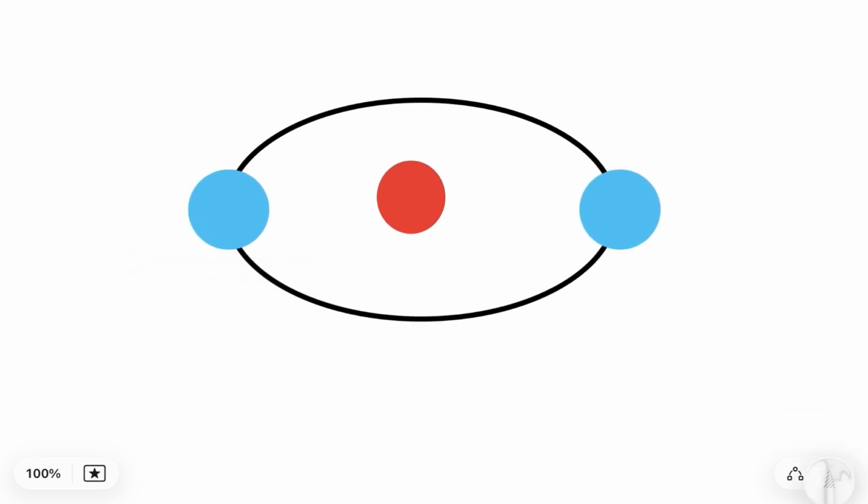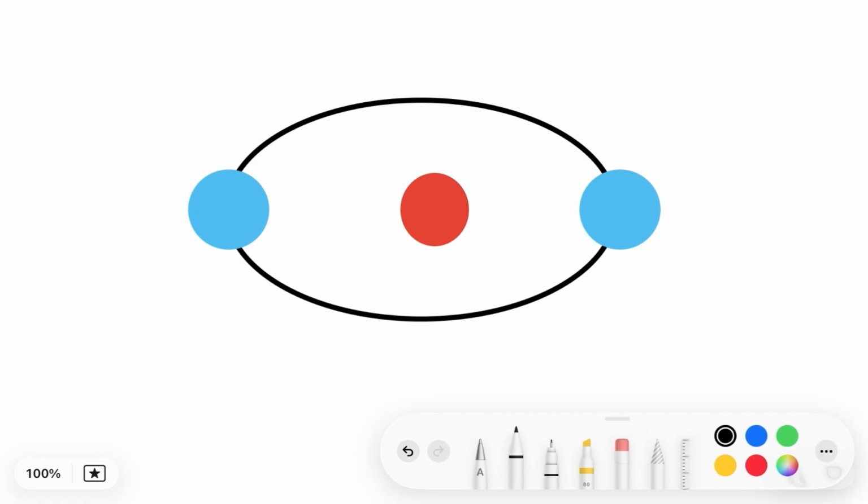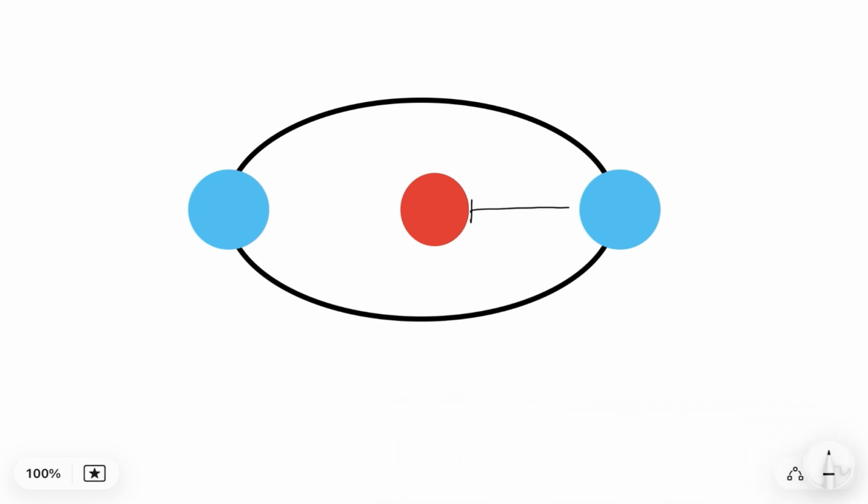This is our sun, and this is the distance between the sun and the earth. So this is the elliptical path in which the earth revolves around the sun.